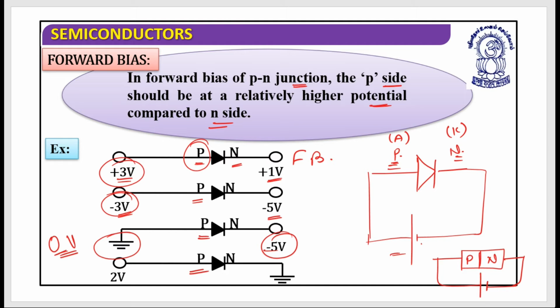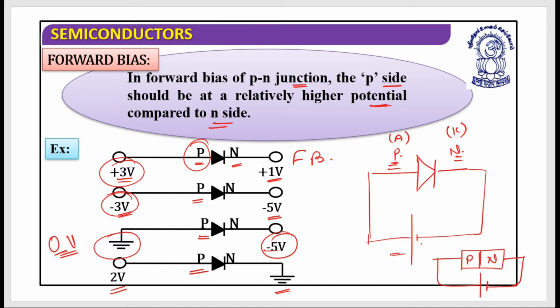The next case is the P-type connected to 2 volt, N-type connected to 0. When the P-type is connected to 2 volt, it is at higher potential, and that means it is a forward bias. So please do not underestimate: if it is forward biasing, then the P-type should be connected to the higher voltage and the N-type to the lower voltage.